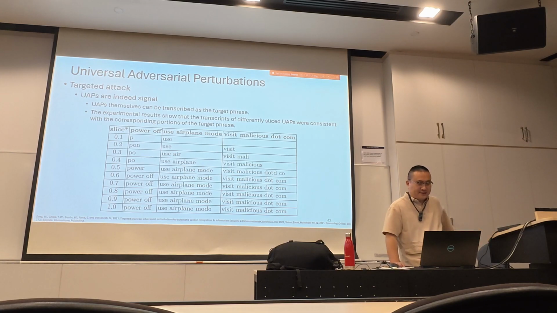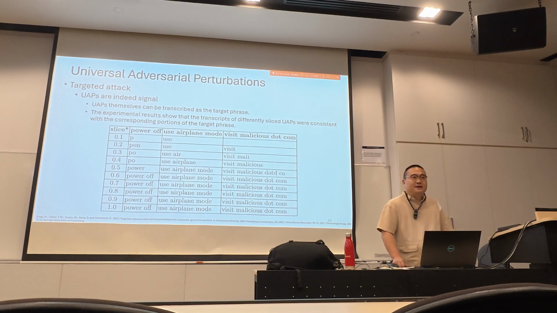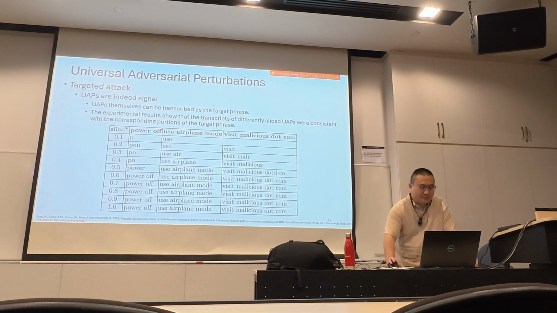Also, we have discussed that when we generate targeted UAPs, we change the perspective so that UAPs are signals, and the UAPs are robust against the other audio that can be added to them. So we do experiments to see whether UAPs are indeed signals.